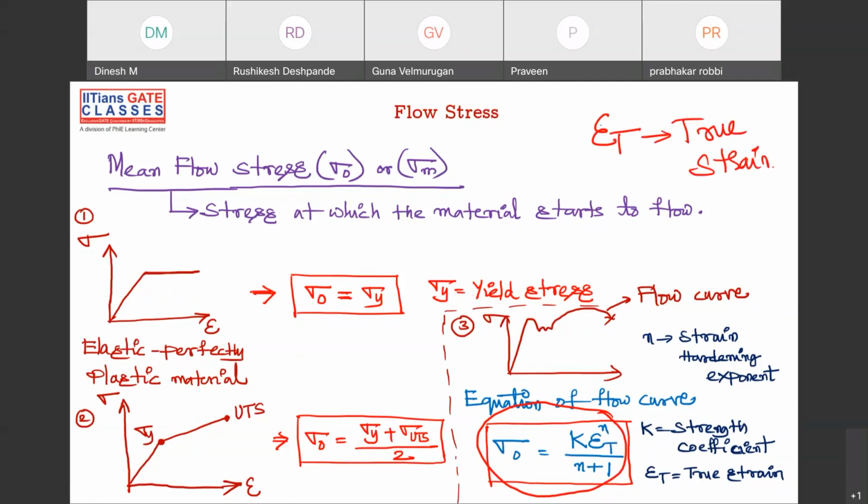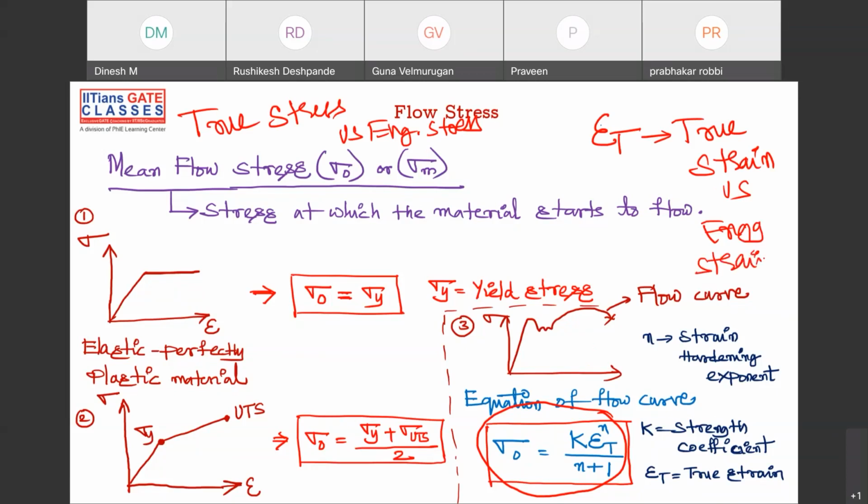And guys, you should know the difference between true stress and engineering stress, and true strain versus engineering strain. Do you know this? Yes or no? The differences between true stress, engineering stress, true strain, engineering strain.